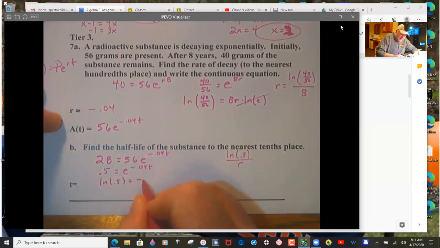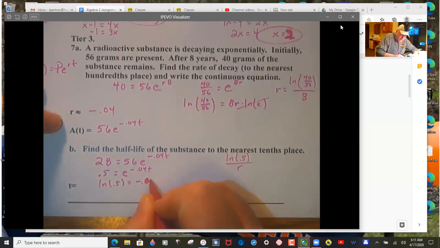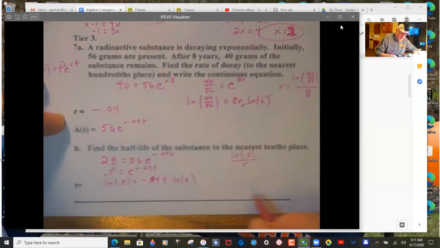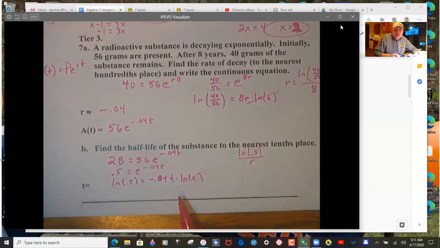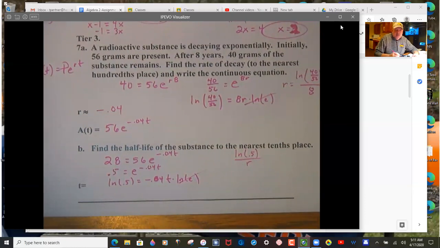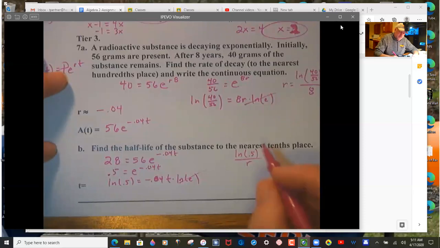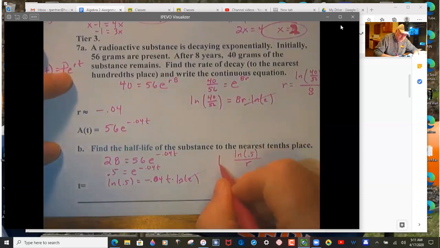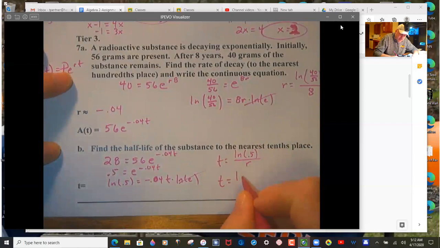So ln of both sides. That's 1. And now you want to just divide by negative 0.04 on each side to get t. So that's what t is. So ln of 0.5 over negative 0.04.